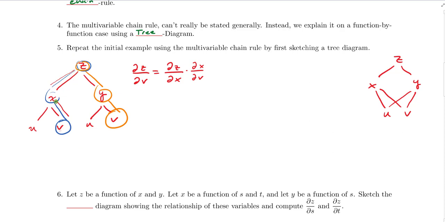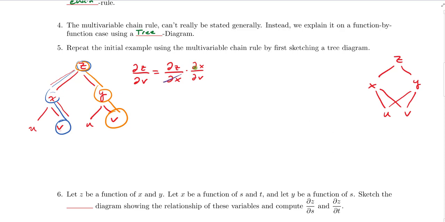And I'm using the paths to help me set it up, and so each leg of the path gets multiplied to the other legs of the path. By the way, you're not allowed to do this mathematically, but a nice symbolic way of showing that you've computed a portion of the derivative of z with respect to v is to, which you're not allowed to do, imagine these expressions as if they were fractions.